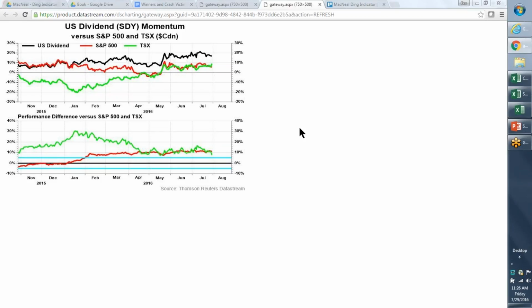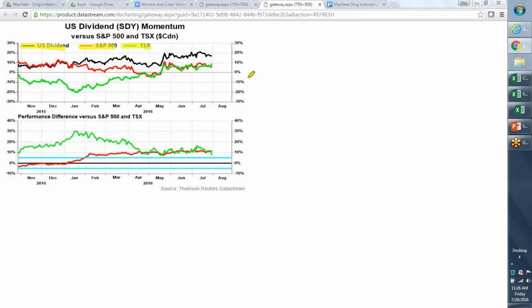Now here's an example of an excellent momentum buy that was generated and is doing extraordinarily well here in the summer of 2016. This is the US dividend ETF. Now here on the chart we have the Canadian stock market in green, the Standard & Poor's 500 US ETF in red, and the ETF that we're looking at here in black.